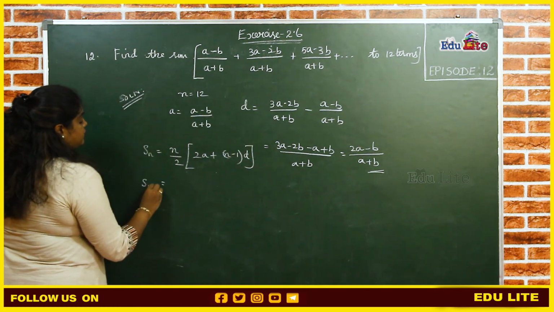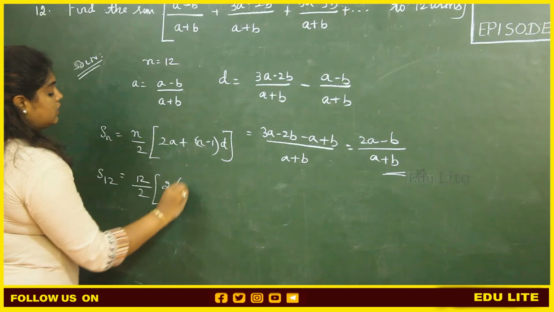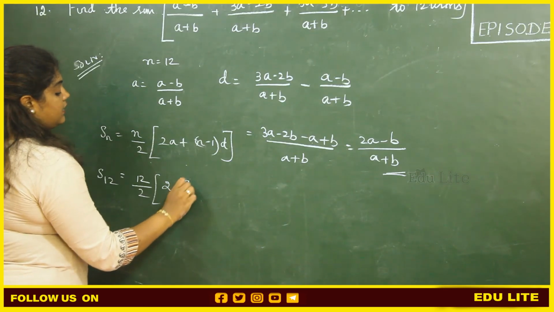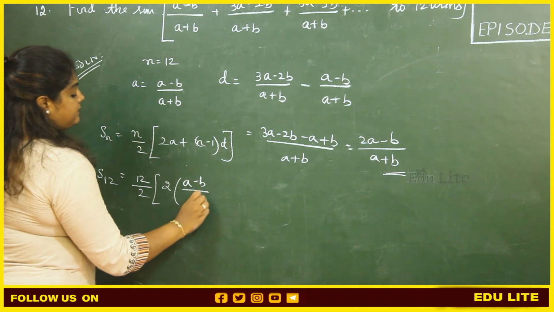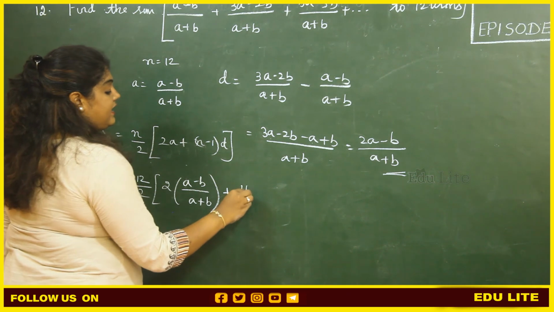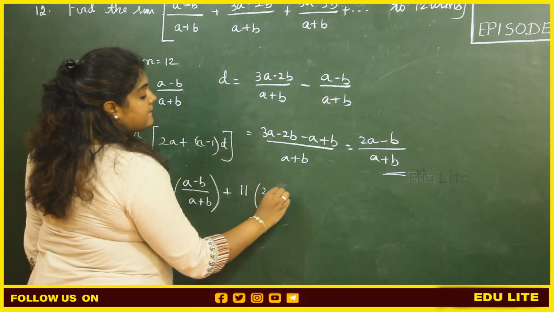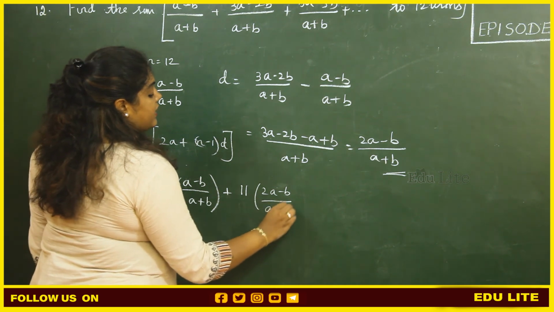Yes, the n value is 12. 12 by 2, 2 into a minus b by a plus b, plus n minus 1, which is 12 minus 1, that is 11, into the d value, which is 2a minus b by a plus b.